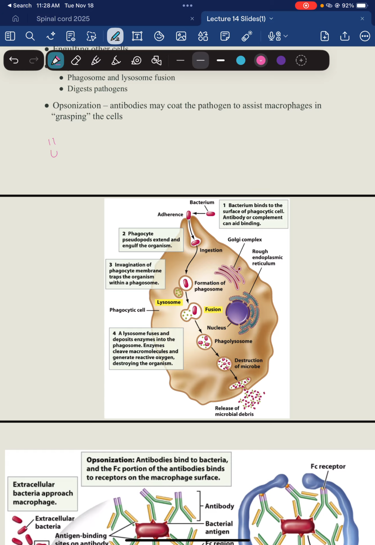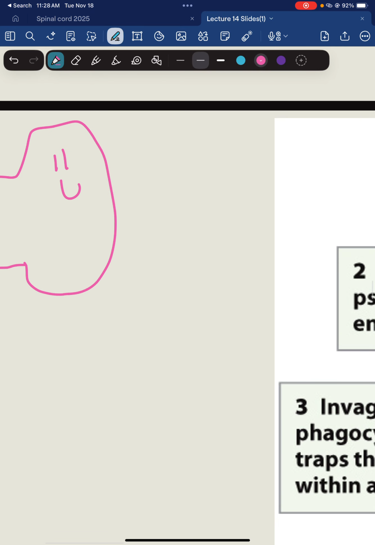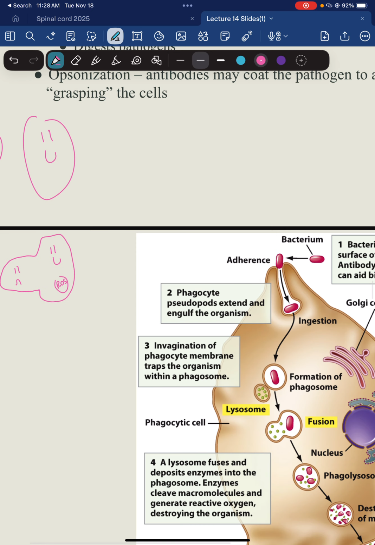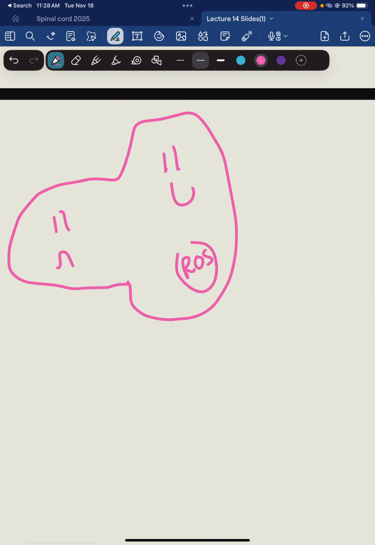This is a lysosome. And then since we already have our pocket full of ROS here, so these are peroxisomes, what we really want to do is fuse these two. So we will direct this over and fuse them together.